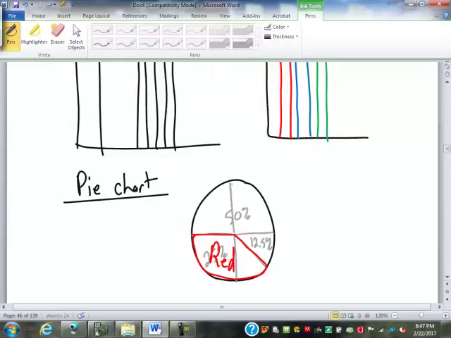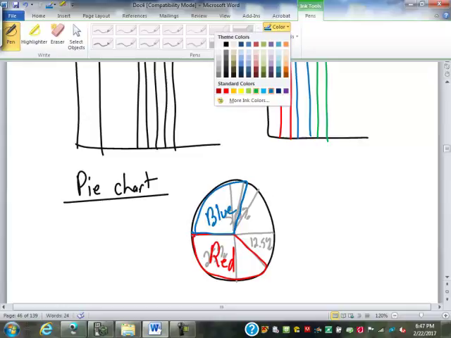So there's 25, 37.5. I cut that in half. The one was 32.5, which is about halfway between 25 and 37.5. That was the blue. That's a little bit more than halfway, so it's going to be something like that. There's my blue. And the rest is going to be green.